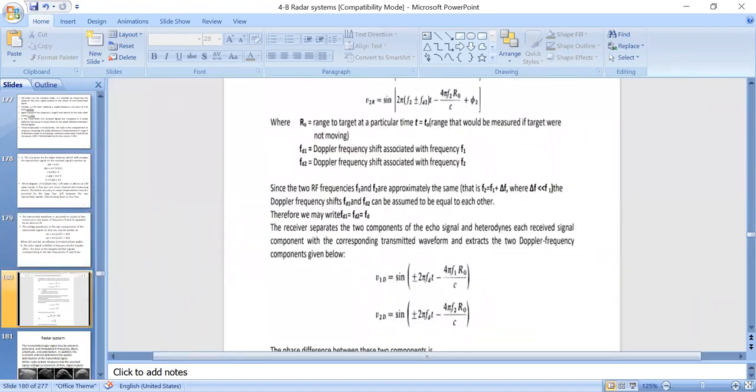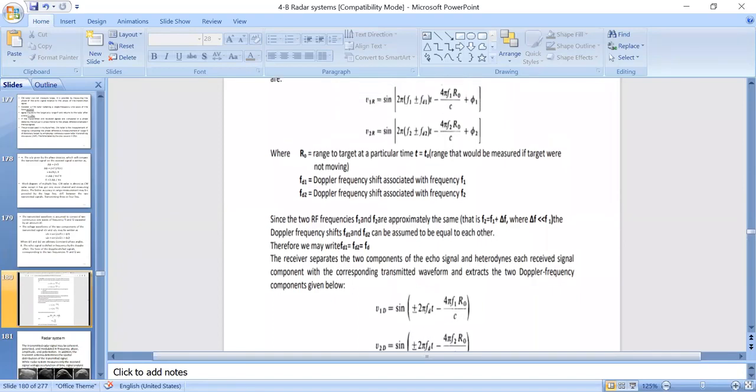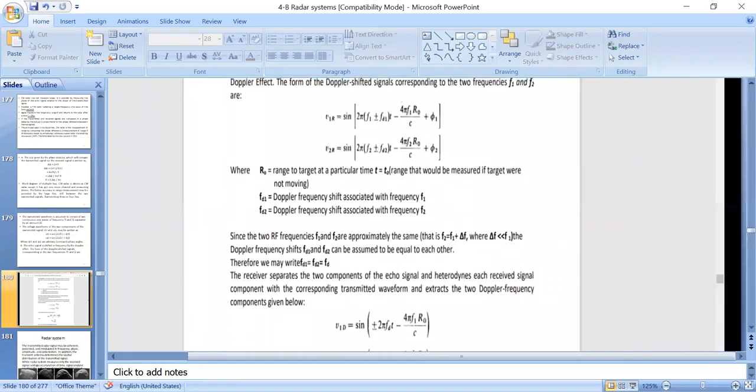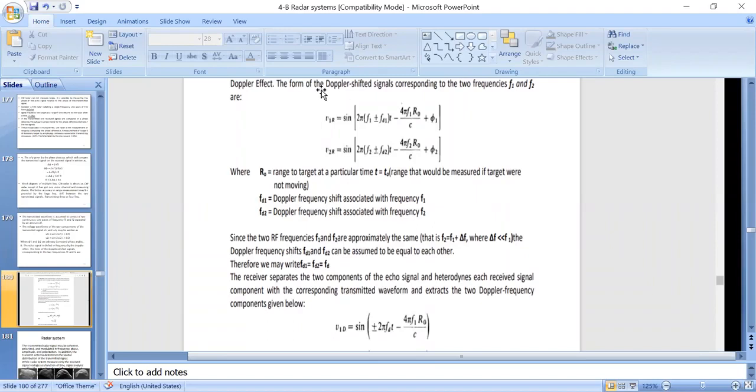So see this derivation here. That is the Doppler effect, and the form of the Doppler shifted signals corresponding to the two frequencies f1 and f2 are given as V1R is equal to sin 2 pi f1 plus or minus fd1, into t, the time information, minus 4 pi f1 r naught by c plus phi 1.